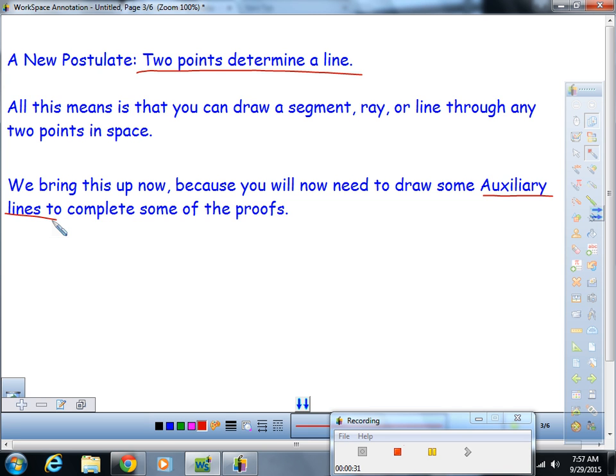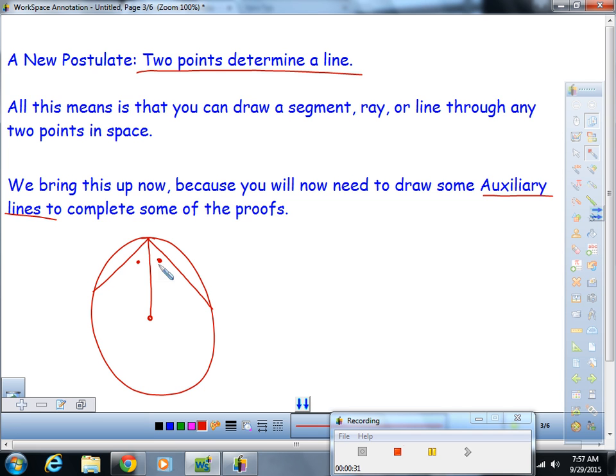If you did number 20 from the 3-3 homework, you saw a problem like this, and they wanted you to prove that these 2 angles were equal.